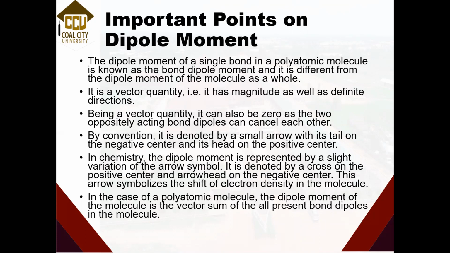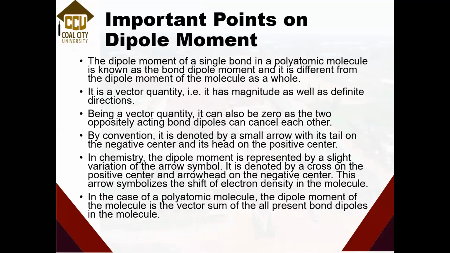And then I said the dipole moment of a single bond, like the one between the carbon and the oxygen I showed you in the previous slide, is called the bond dipole moment. And it is different from the dipole moment of the molecule as a whole. Also, we already stated that dipole moment is a vector quantity, meaning it has magnitude and also a definite direction.